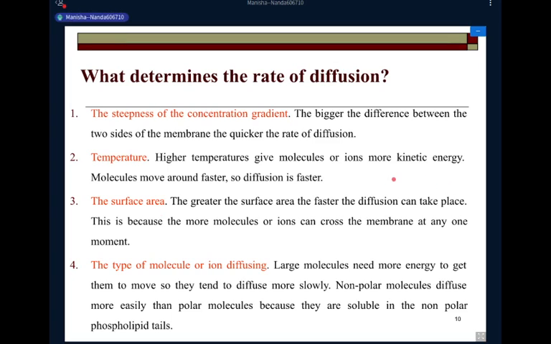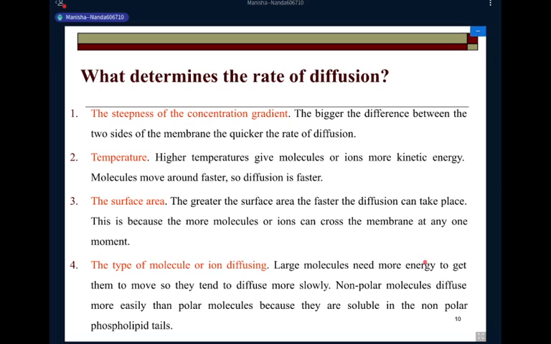So the greater the surface area, the faster the diffusion can take place. This is because more molecules or ions can cross at a particular moment. Now, the type of molecule or ion which is diffusing is also very important.